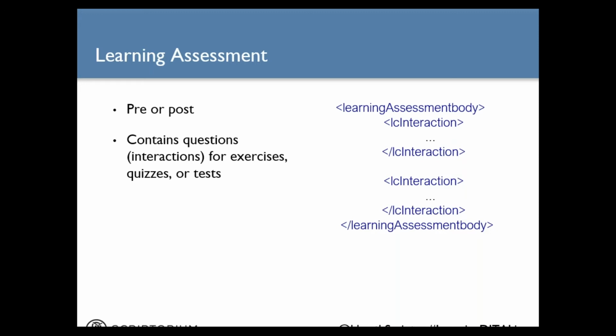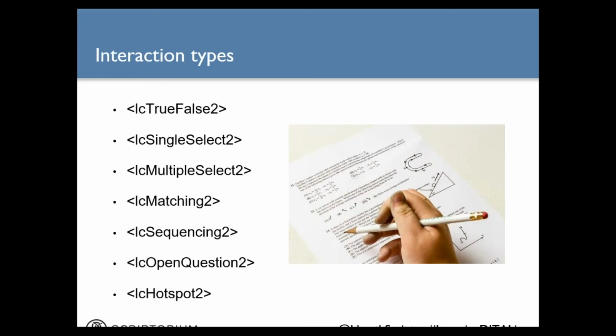So let's look at a couple of the interaction types that we have. You can see here that there's true, false, single select, multiple select. You have options to create matching questions. You can create sequenced questions. So, you might say, what is the correct order of the following items?